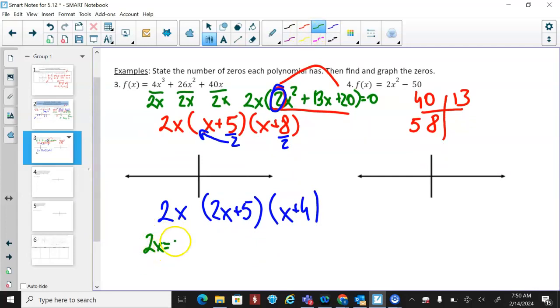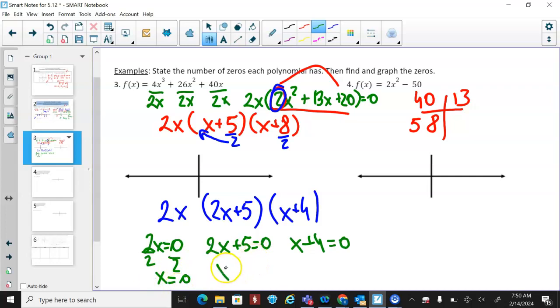So 2x equals 0, 2x plus 5 equals 0, and x plus 4 equals 0. So 2x equals 0, divided by 2, x will simply equal 0. 2x plus 5 gives x equals -5 over 2. And x plus 4 equals 0 gives x equals -4. So again, negative right here. So these are my 3 solutions.